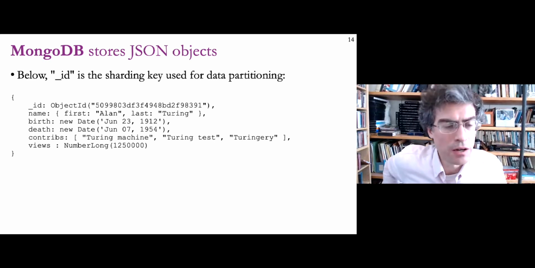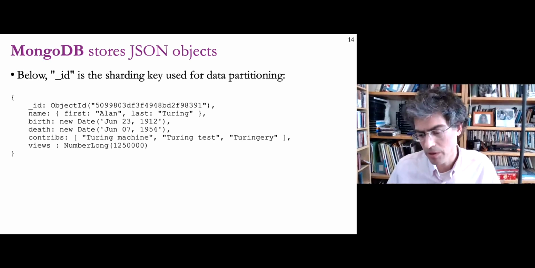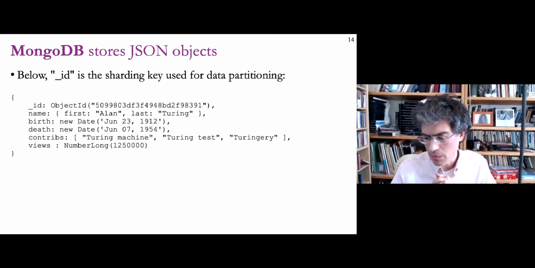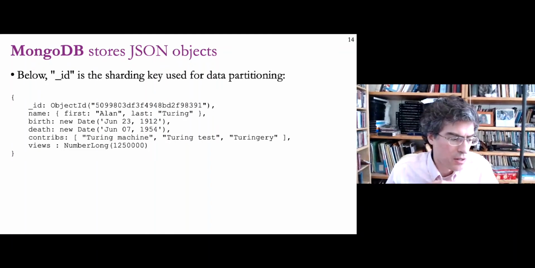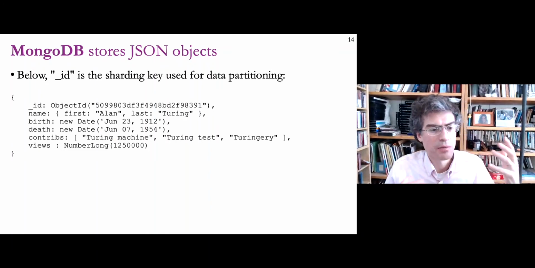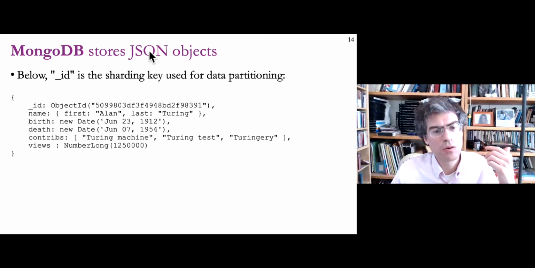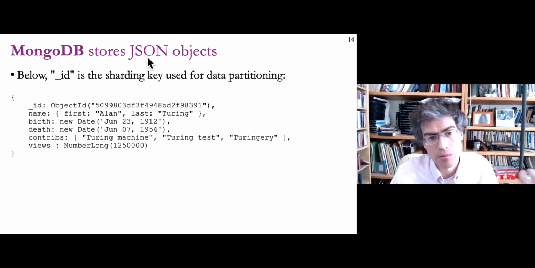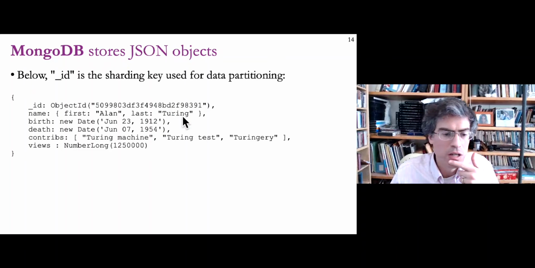I'm going to start off with Mongo, which is very popular, especially for applications that are using JavaScript in the front end and the back end, because what Mongo stores is JSON objects, which are JavaScript Object Notation objects. So if the data you're storing can be represented as a JSON object easily, then MongoDB is a good choice.